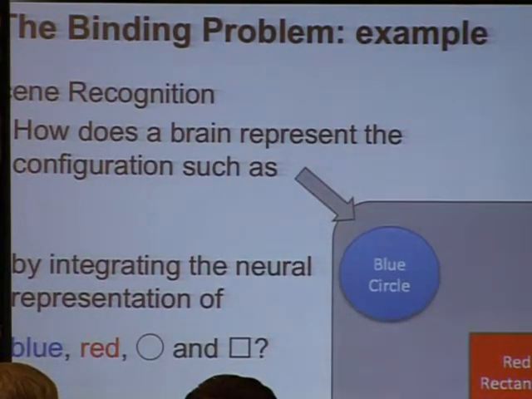However, if you have to integrate more than one figure into a scene, then a problem arises. A neural net may have the representation of blue, red, circle, and rectangle. However, how can it represent a scene having various configurations, say blue circle and red triangle, and blue to circle, red to rectangle, respectively? That's the binding problem.